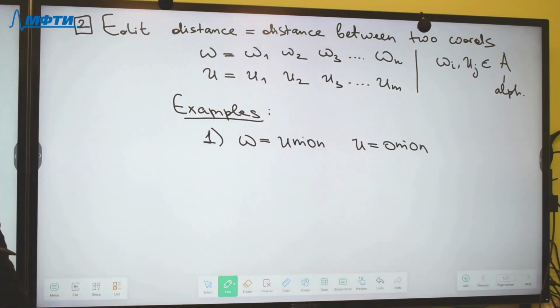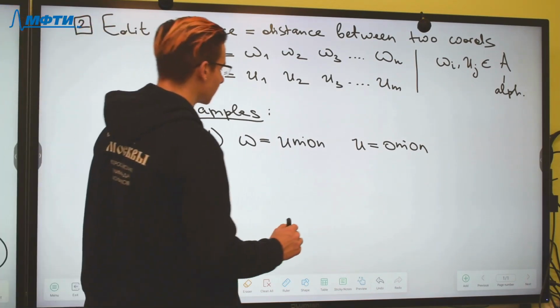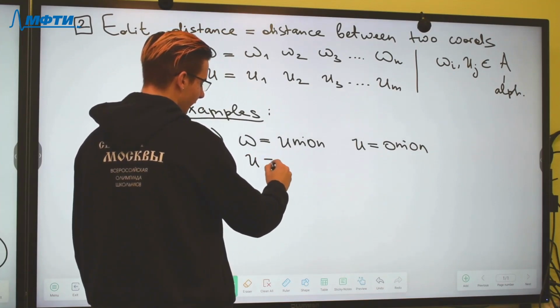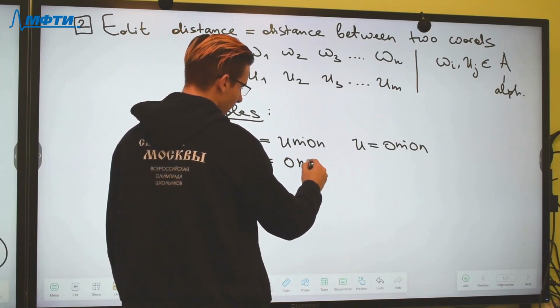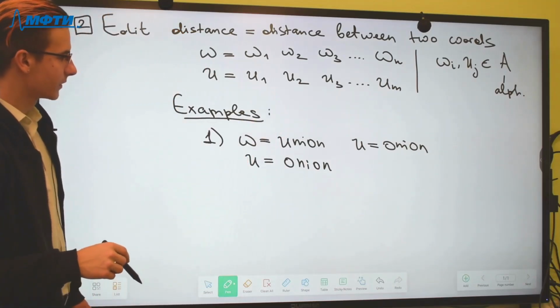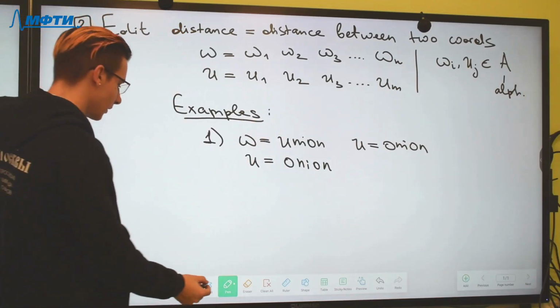You can see that we can draw these two words one character under the other character.